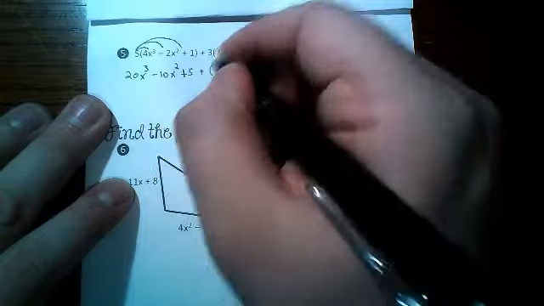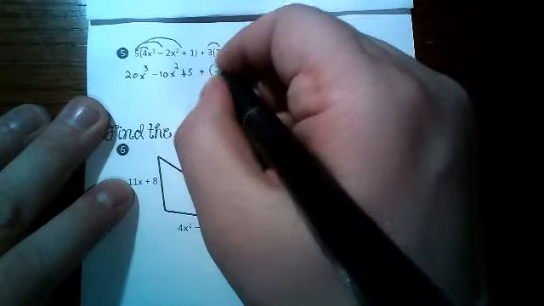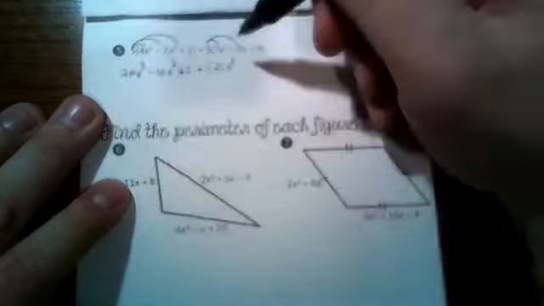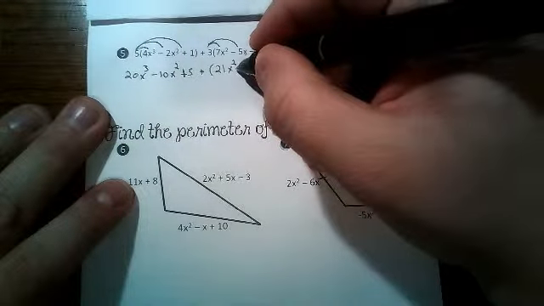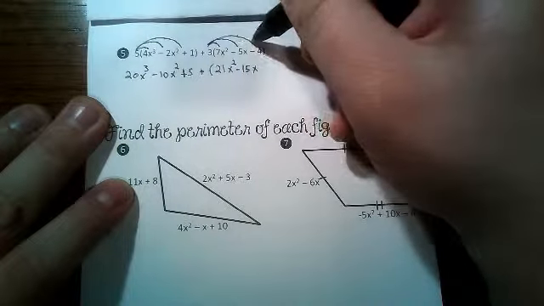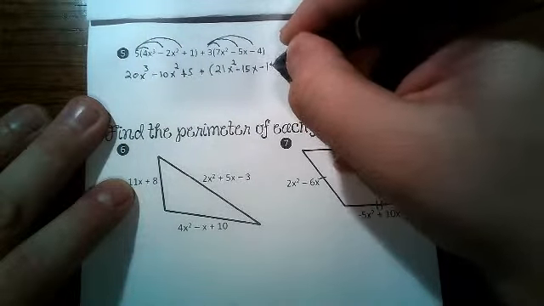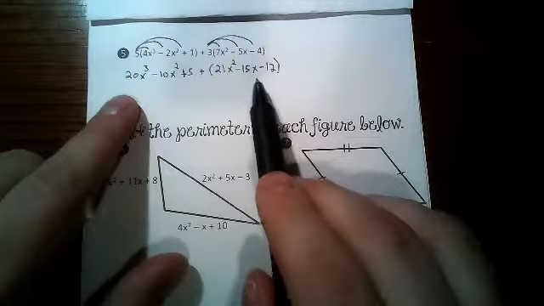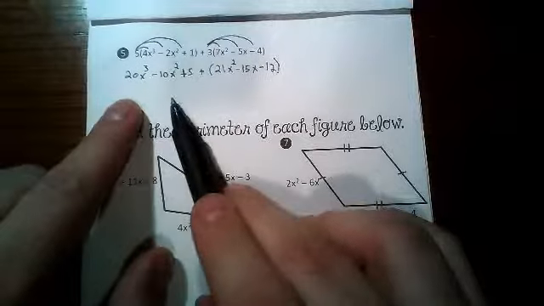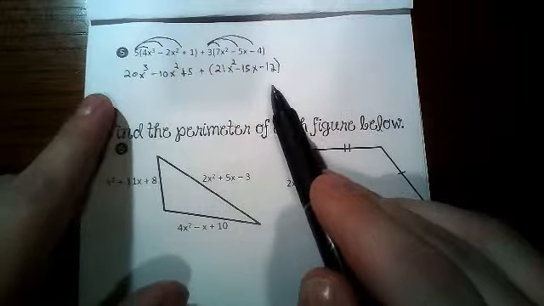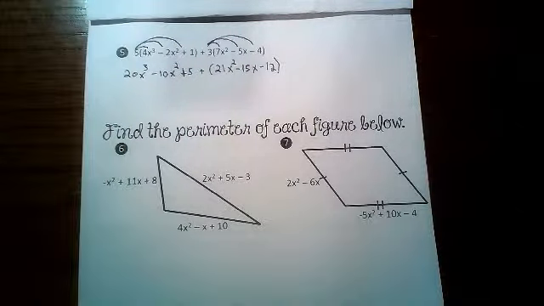And we're adding 3 times 7x squared, which is 21x squared. 3 times negative 5x is negative 15x. And 3 times negative 4 is negative 12. So this problem changes into this, and you can either use the vertical method or you can circle and square terms. I'm not going to do this one for you. I'm going to let you do that one on your own and then have your teacher check your answer.